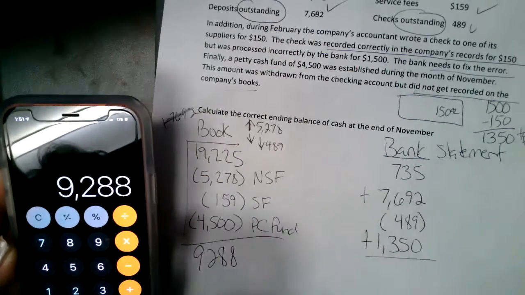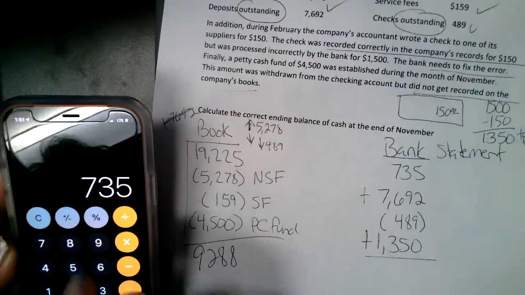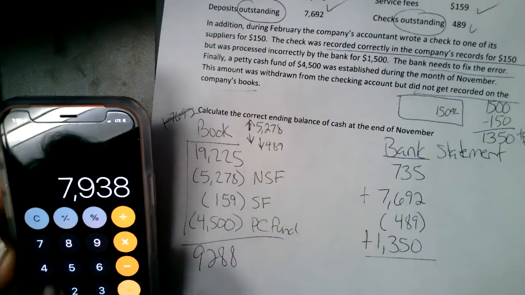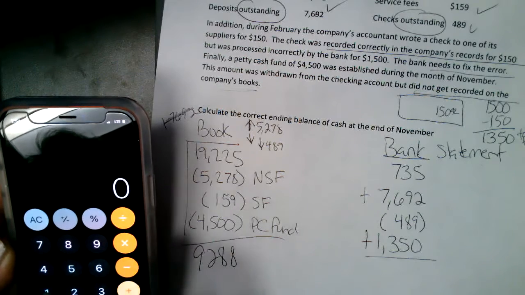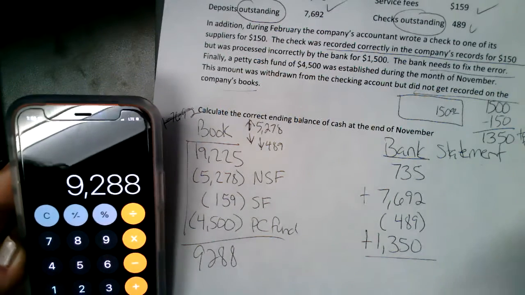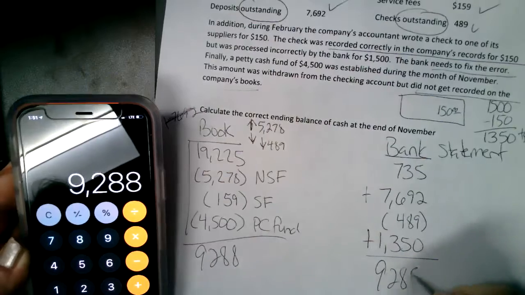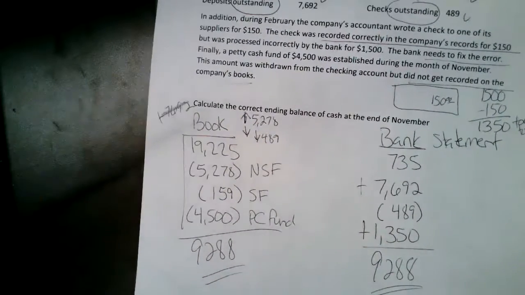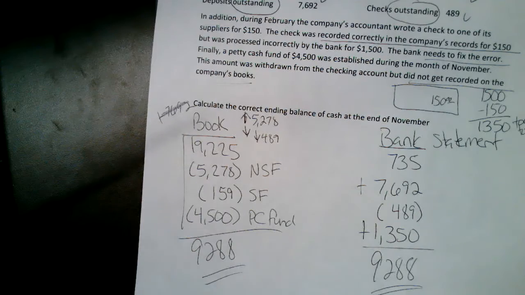And then the bank side of things is 735 plus 7,692 minus 489 plus 1,350 is 9,288. You have to come up with the same thing. This cannot be different. If it's different in real life, you're missing one more thing. You've got to go out and look for whatever it is you're missing.